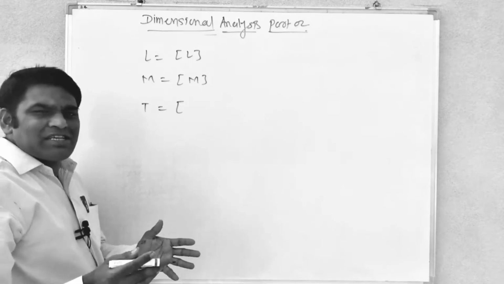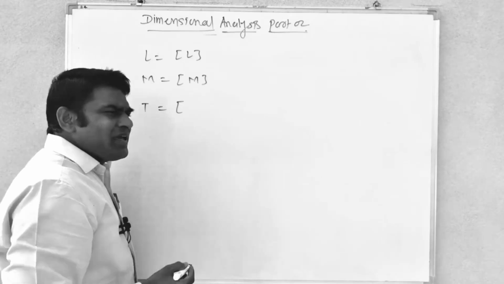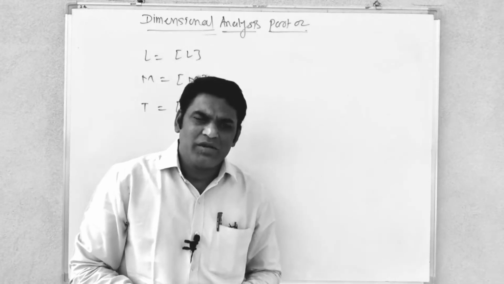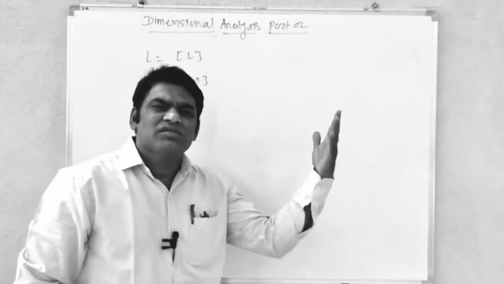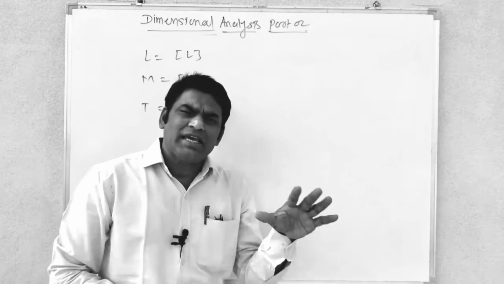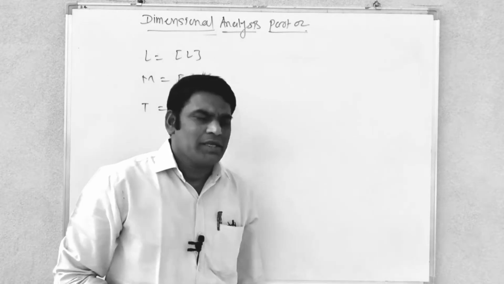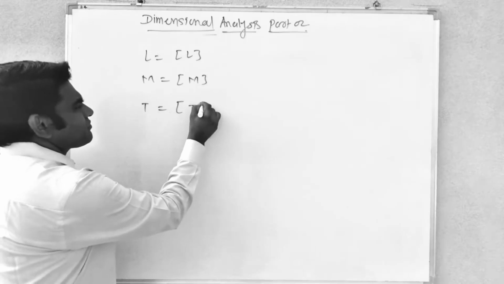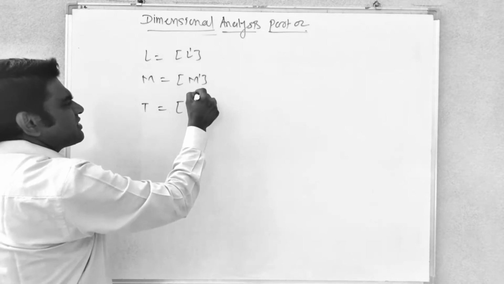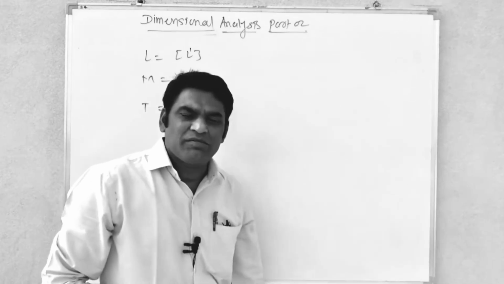There are actually 7 fundamental quantities, and out of 7, 3 are main, meaning they appear in many derived quantities, while the others seldom occur. Most of the time it is a combination of these 3, either 1, 2 or 3. And the powers of these symbols are called the dimensions of that physical quantity.